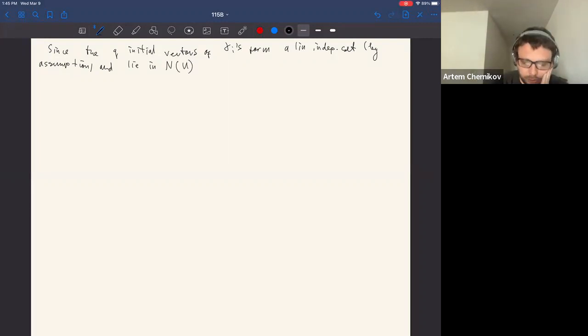So they lie in the null space of U. We conclude that the dimension of the null space of U is greater or equal than q. So this is by the rank nullity theorem.